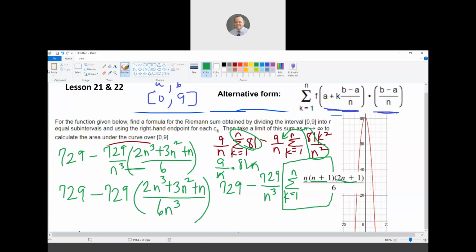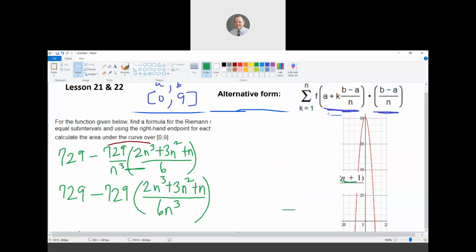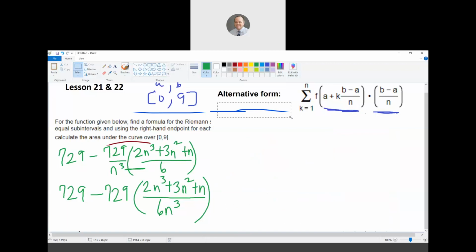Now we are ready to take the limit as n approaches infinity. Per the directions right here, that's where I got that from. It says, then take a limit of this sum as n approaches infinity. So we are going to do that next. So we will take the limit of everything as n approaches positive infinity.